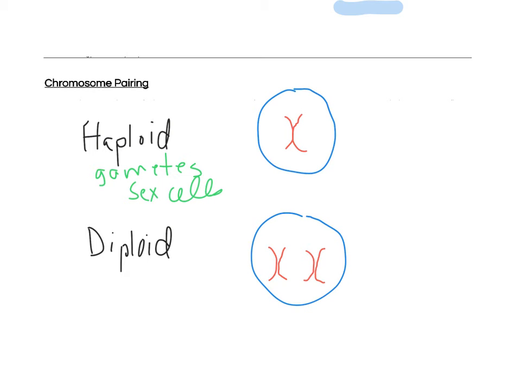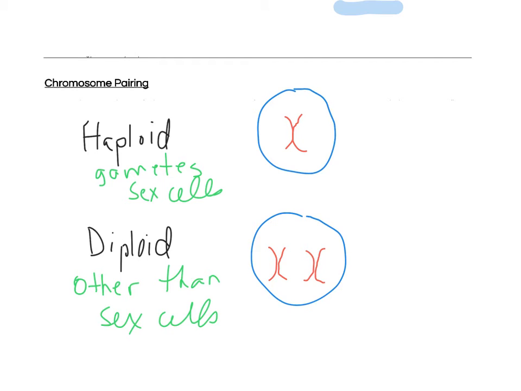Whereas diploid cells are just our regular body cells. So I'm going to write just like other than sex cells. So for instance, skin cells and muscle cells and so on and so forth, right?